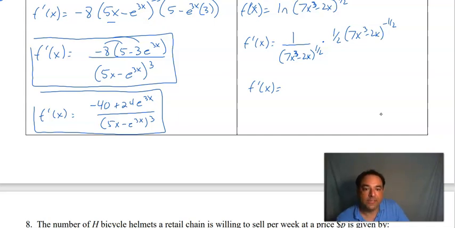So what happens is we have 1 over parentheses 7x to the third minus 2x to the 1/2. Now the other 7x to the third minus 2x to the negative 1/2, we can bring that to the bottom, 7x to the third minus 2x raised to the 1/2. And then on the top we'll have 1 times 1/2. Now remember, if what's inside the parentheses is the same, then you add the exponents.